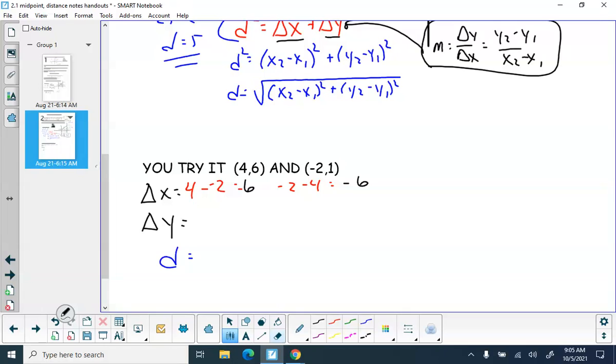But when I deal with my delta x squared, positive 6 squared or negative 6 squared, hopefully by now we're old enough that we're not going to make a mistake if I take negative 6 squared and get negative 36.